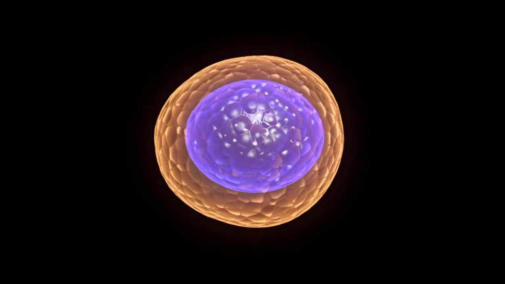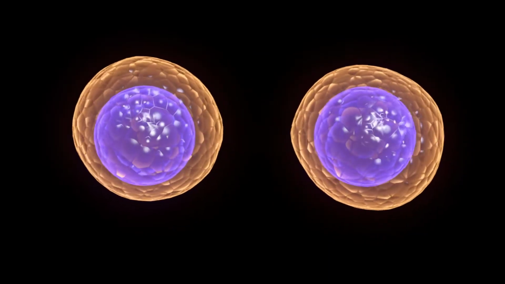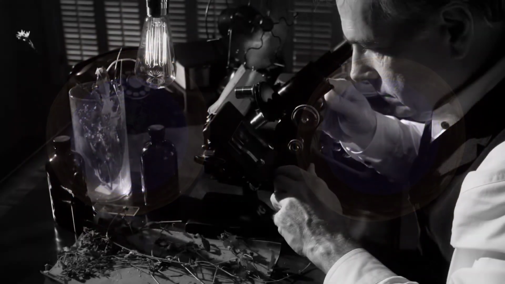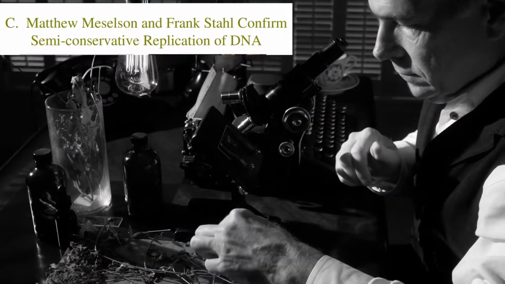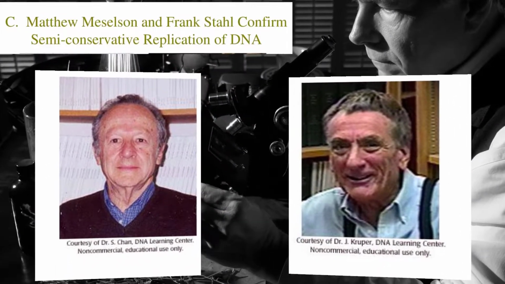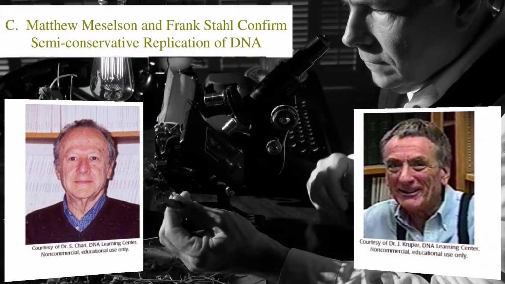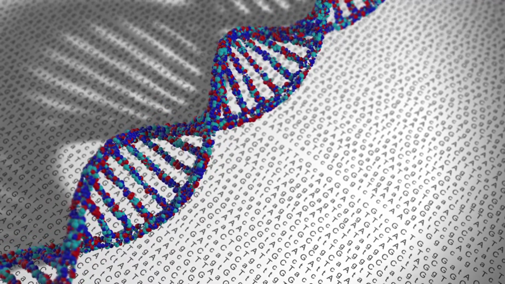DNA replication is the copying of DNA that occurs before cellular division can take place. After a great deal of debate and experimentation, the general method of DNA replication was deduced in 1958 by two scientists in California, Matthew Meselson and Franklin Stahl. DNA replication faithfully duplicates the entire genome of the cell.